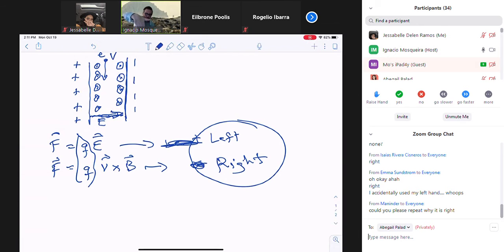Then I cross my fingers into the magnetic field. For this drawing, the magnetic field is coming out of the computer. So when I curl my fingers, I have to curl them into the direction of the magnetic field, so it's that way. Now I have my fingers out of the computer screen, and then my thumb points in the direction of the force.